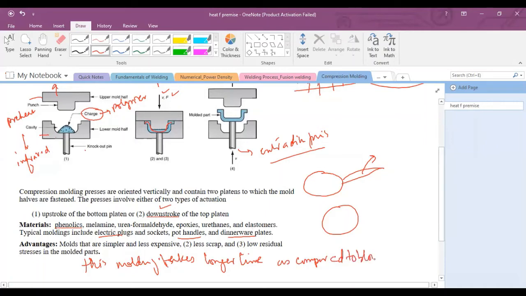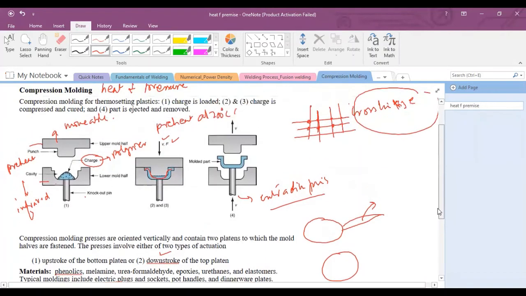The pressure applied in this type of molding varies from 15 to 150 megapascal, and when the material is filled inside the mold, a curing time of 0.5 to around 5 minutes will be required for curing.